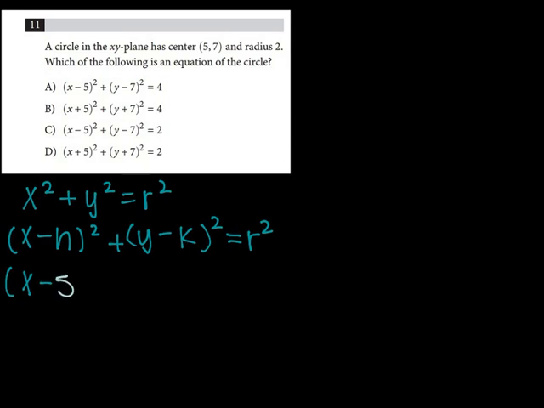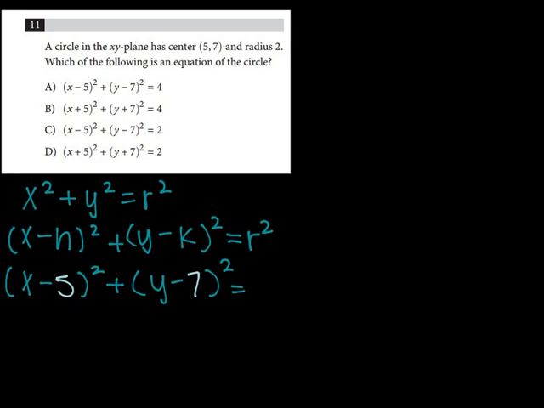Let me write that with a different color. x minus 5 whole squared plus y minus, okay, so 7 is our k value, so y minus 7, whole squared equals r squared.